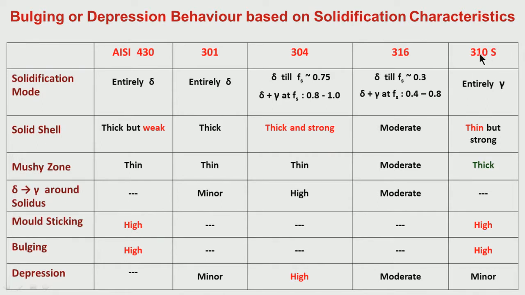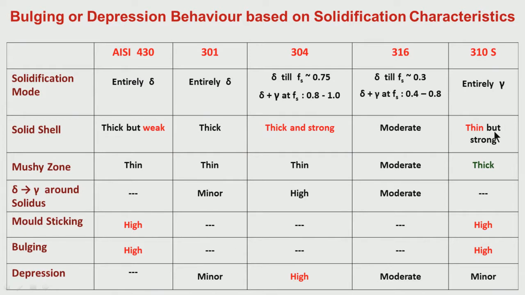310S, as I have told you, the solidification is entirely through austenite, and if it is entirely through austenite, you have a lot of microsegregation. So, the solid shell is thin but strong, because austenite's high temperature strength is relatively more.